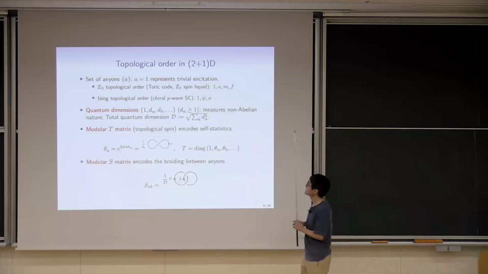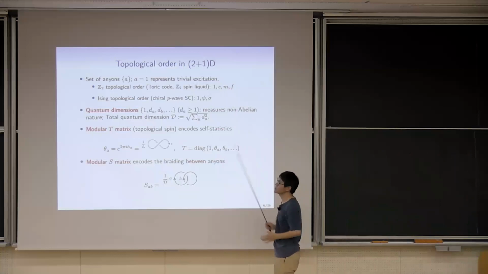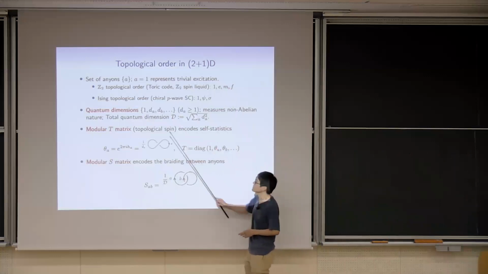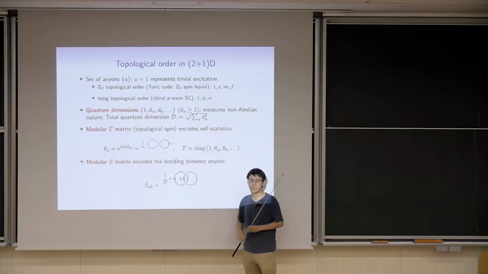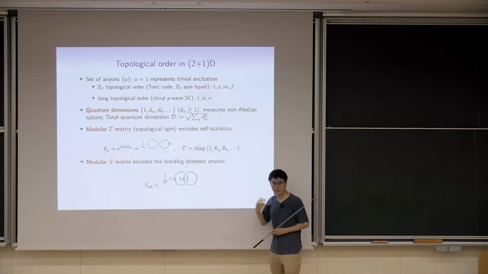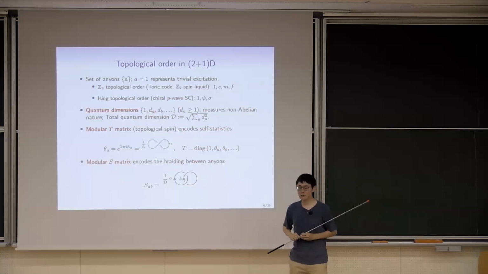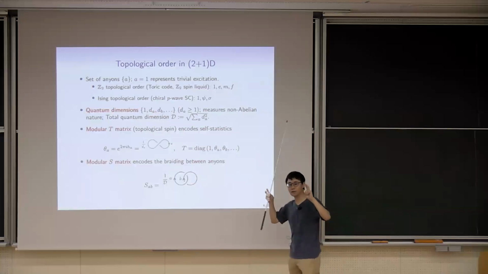Now, this is just a way to label anyons, but we have basically three quantities: D, theta, and S. These are important quantities. The first quantity, D, is associated to each anyon, and these numbers are called quantum dimensions. This basically measures the non-abelianness of given anyons.